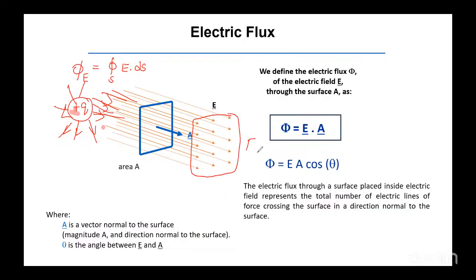What are these lines of force? How do they come? There is a positive charge. F by Q, intensity. This is the case. Okay.